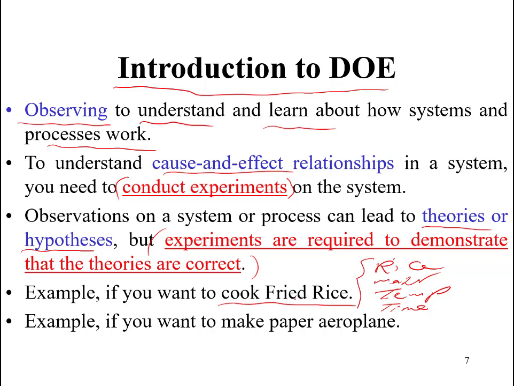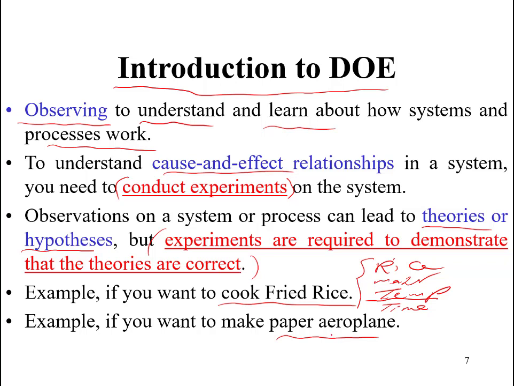And one procedure to find and optimize, for example, the temperature for cooking this fried rice is using design of experiment and different methods, which I will introduce you after. The other simple example is when you are going to make a paper aeroplane.